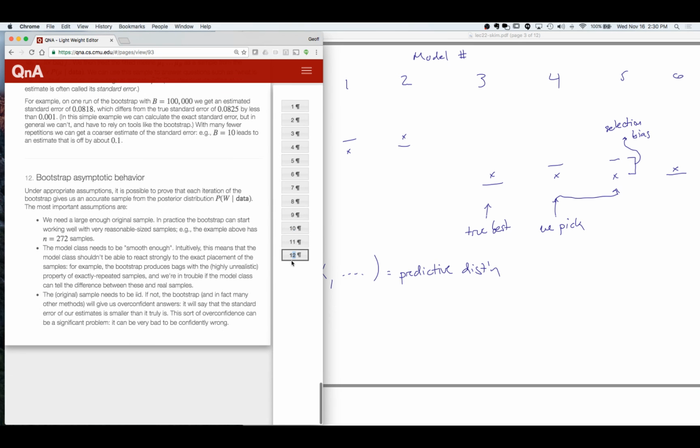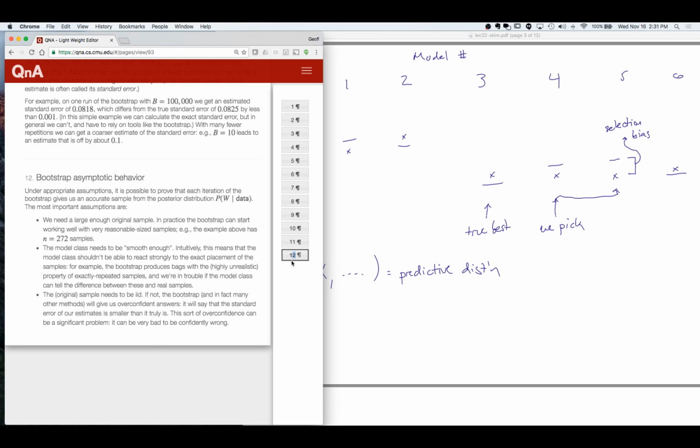All right. I mentioned that the bootstrap has some theory behind it. It's possible to prove, under appropriate assumptions, which are actually fairly strong, that every iteration of the bootstrap gives you another sample from the posterior distribution, at least a fairly accurate approximate sample. The assumptions can be restrictive, but they're reasonable in some sense, and you can see why.